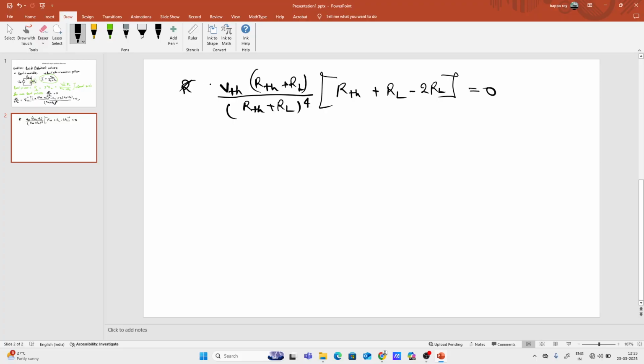From here we'll take this part, RTH plus RL, and set it equal to 0.